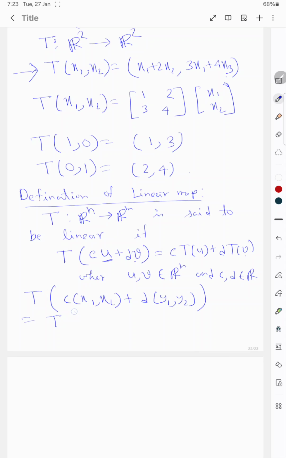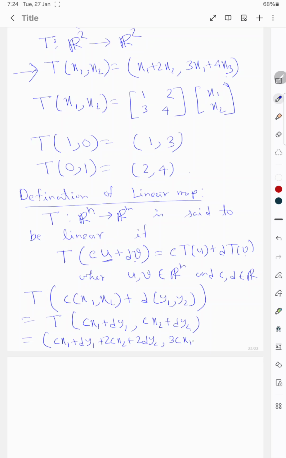If you break this down, you get cx1 plus dy1, cx2 plus dy2, right? Now you apply the transformation on that one.